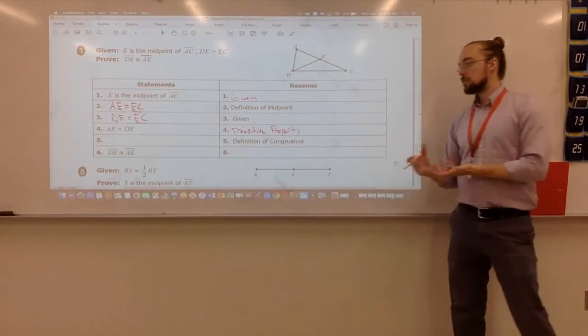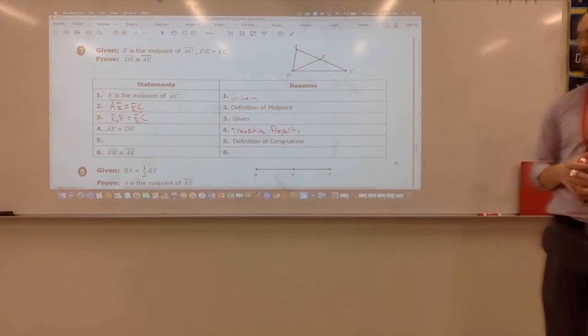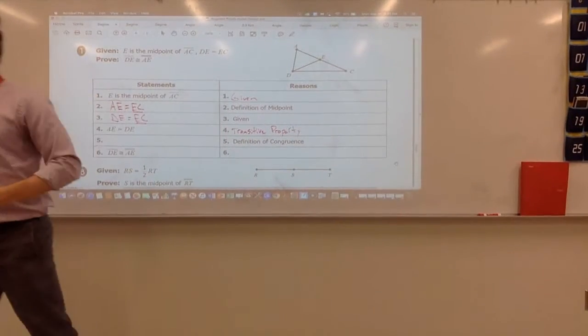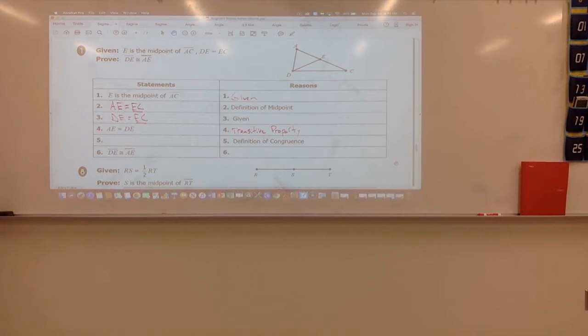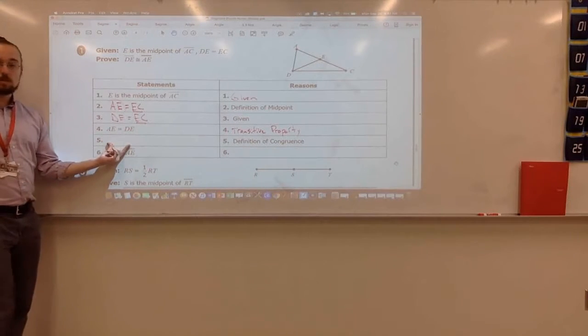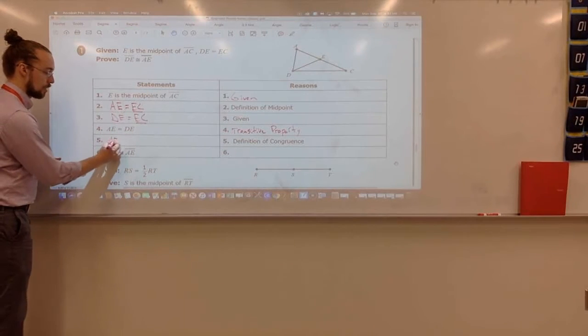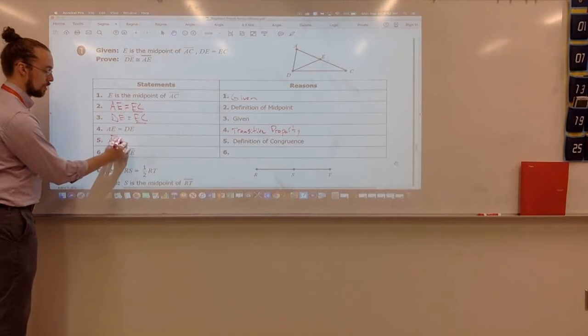Well, now, if we know AE and DE have equal lengths, what can I claim by the definition of congruence? They give us the reason. Exactly. If I know the lengths are equal, we're just going to say the segments are congruent.